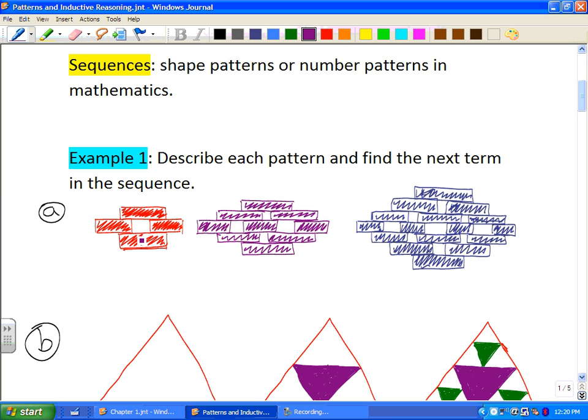Now, in this first one, I have 4 blocks. Okay. Does anybody else notice anything about these blocks? Yep, they're red. A sequence can be based on colors, a repeating pattern of color arrangement. 1, 2, 1. Does anybody know a mathematical word about that? It's the same on both sides.